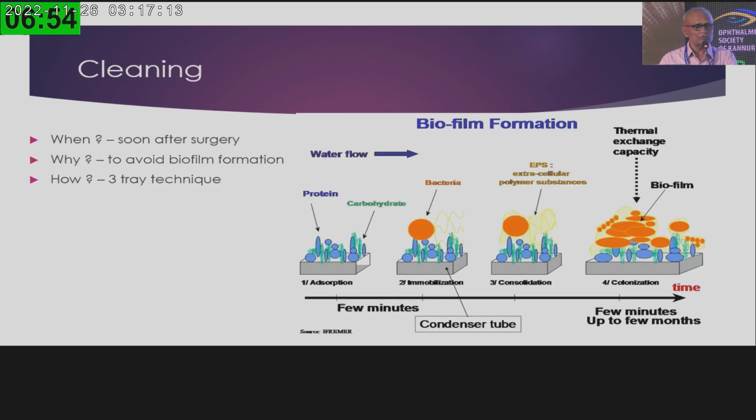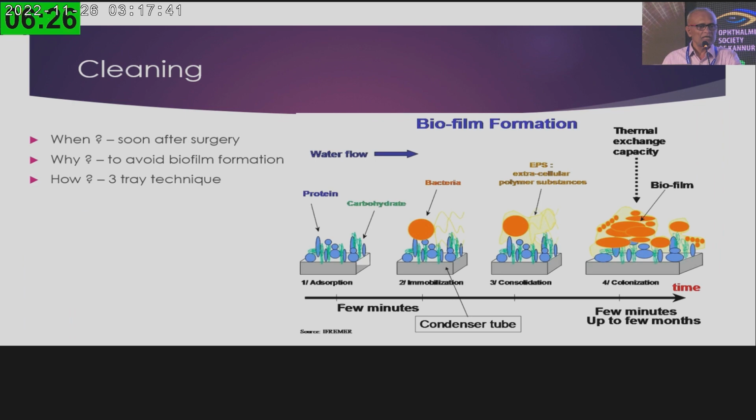Cleaning: when should we clean the instruments after the surgery? Usually in most OTs, what we have seen is that if there are about 10 cases, all the instruments are kept aside after each surgery and are cleaned at the end of the surgical session. That is not proper, because they have to be cleaned immediately after surgery. Why? To avoid biofilm formation.